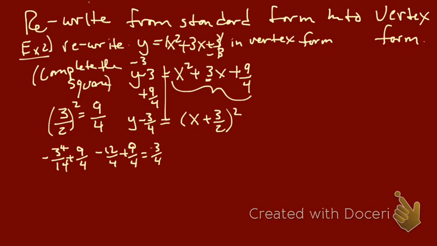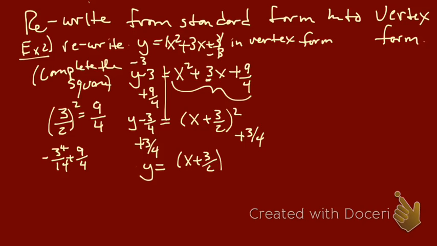So I'm going to erase this and get it out of the way, some of that work. I need to add 3/4 to both sides. And I end up with y equals the quantity x plus 3 over 2 squared plus 3/4. That is vertex form.